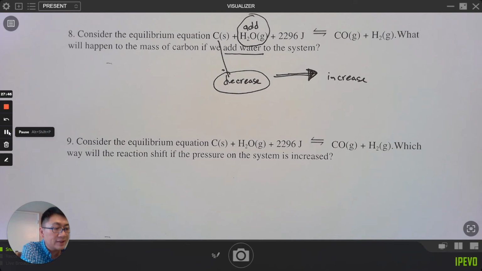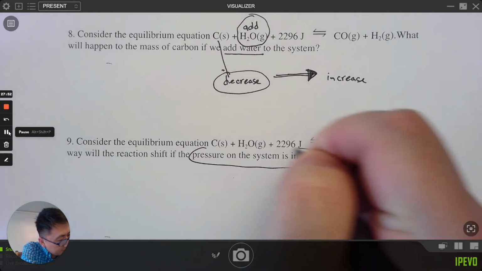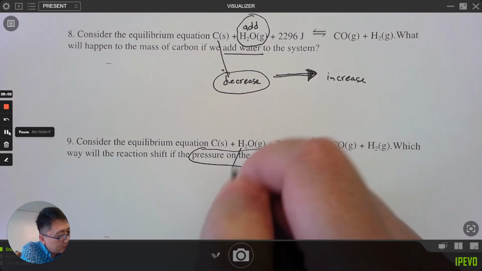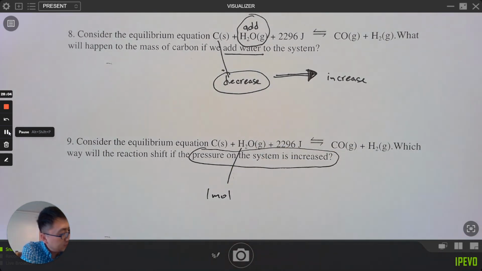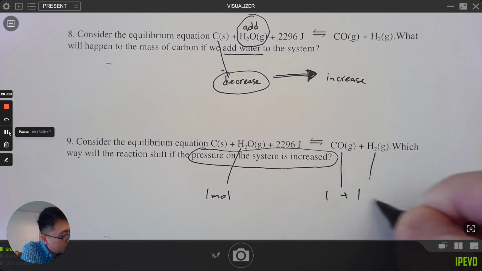If the pressure is increased, it wants to go to the side that has less gas pressure. So which side has less gas pressure? On the left side, I have 1 mole of gas. And on the right side, I have 1 plus 1 moles of gas, or 2 moles of gas.